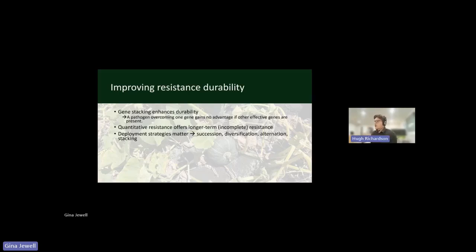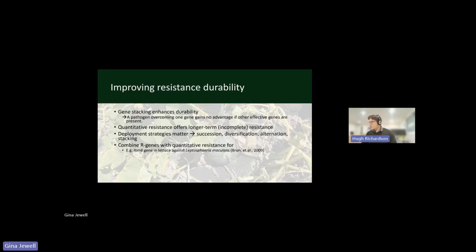Also, if you have multiple R genes, you can deploy them in different ways, like successively or in a diversified approach, or alternating different R genes, but ultimately pyramiding or stacking is the most robust to get more durability out of these. Next, please.